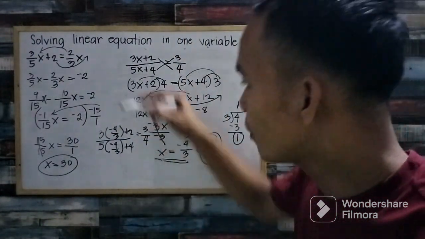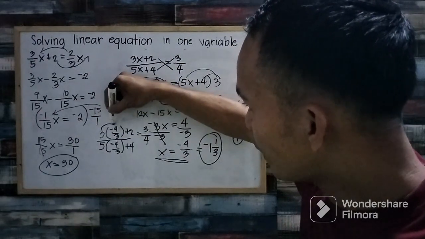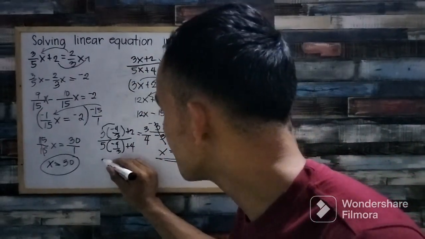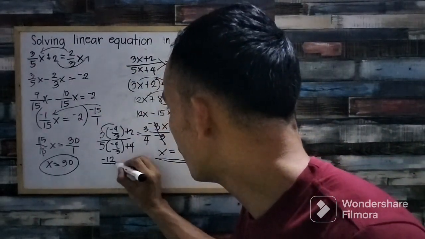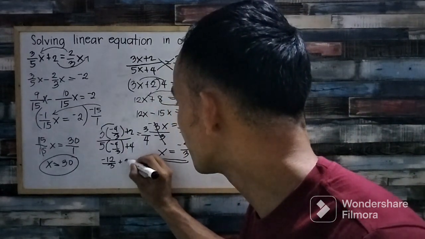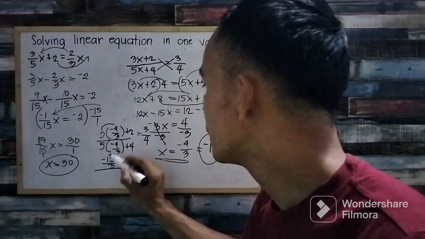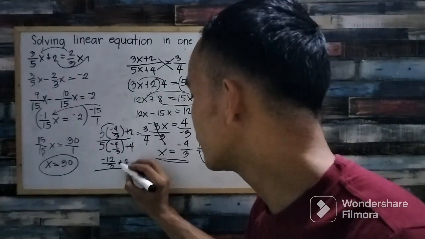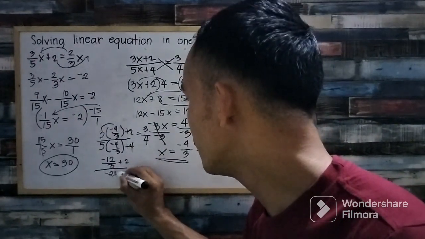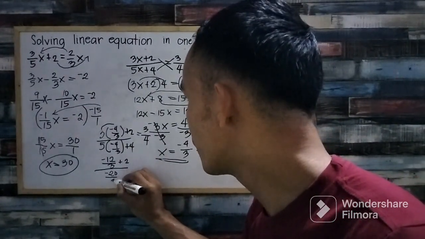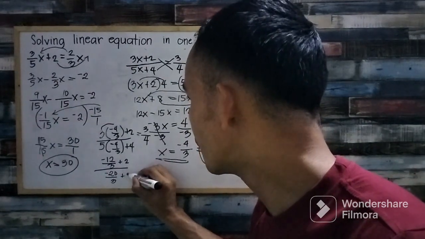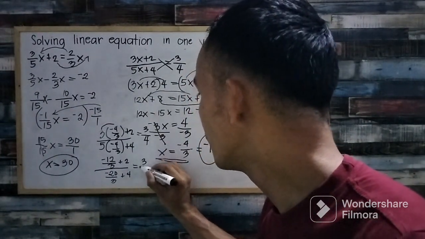Alright, now let's multiply 3 times negative 4, that is negative 12 over 3 plus 2 over, so that is 5 times negative 4, that is negative 20 over 3 plus 4 is equal to 3 over 4.